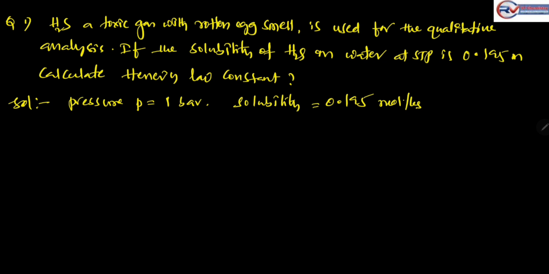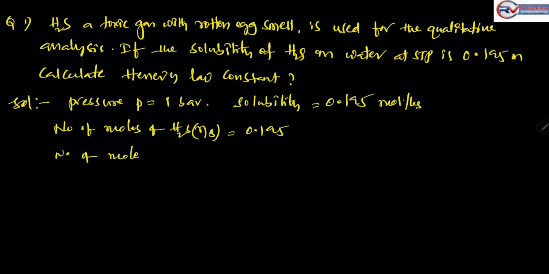Number of moles of hydrogen sulfide, nB, is equal to 0.195. Number of moles of water, H2O, nA, equals 1000 upon 18, which is equal to 55.5.